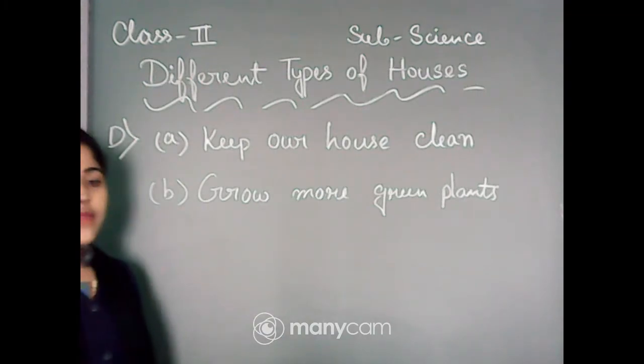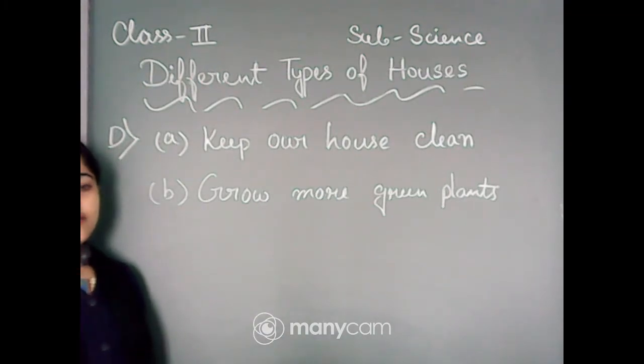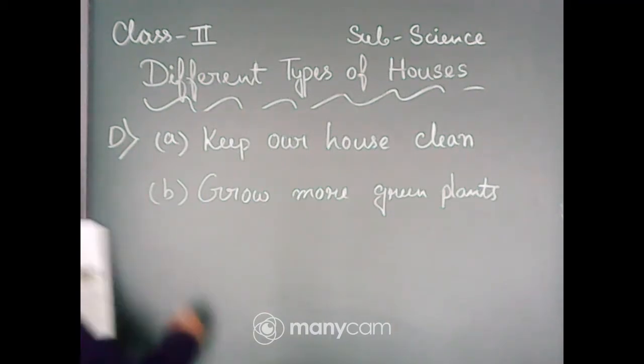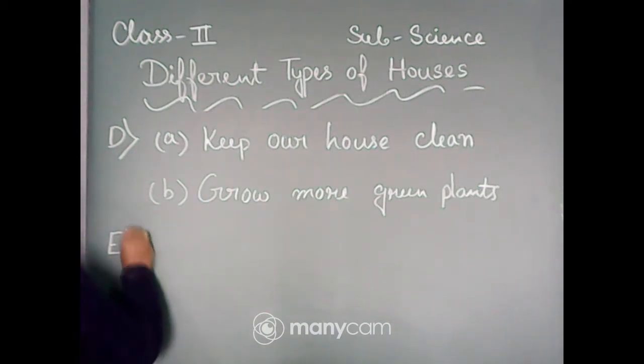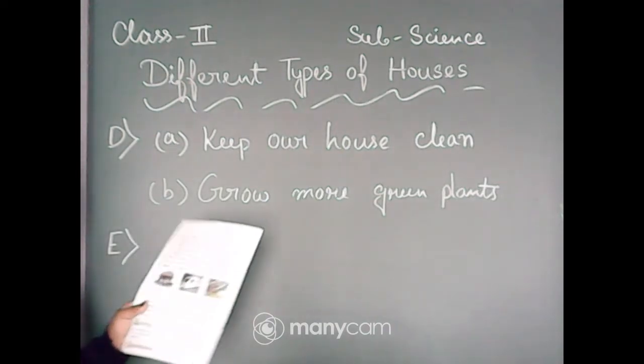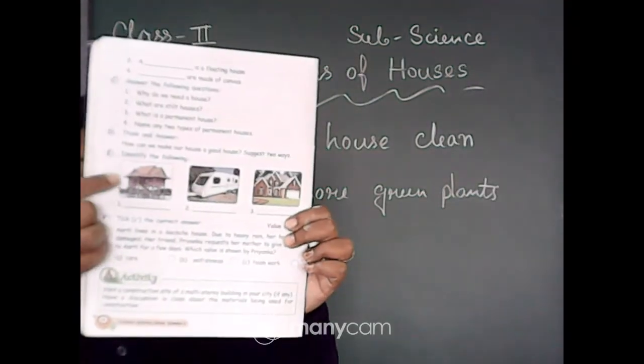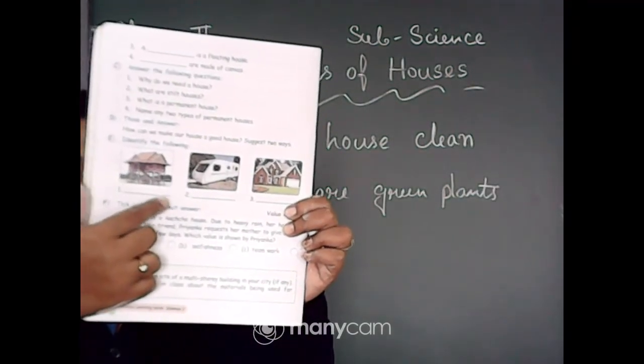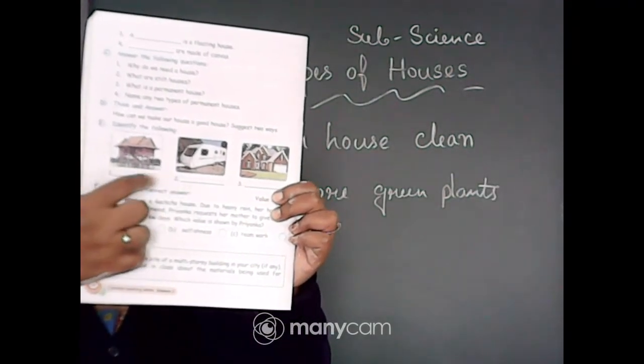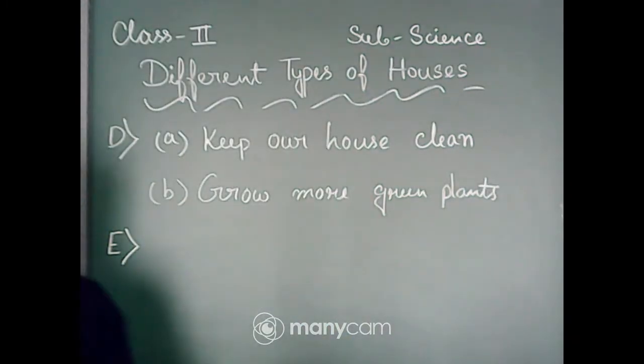So here I am writing only two ways. You can check from the board. Okay. Next is question number E. Some pictures are already given here, and you have to write the names of those pictures under these blanks.